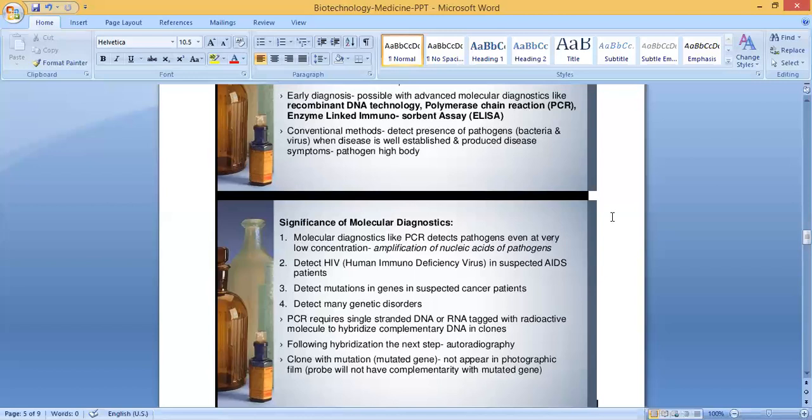Here the probe will not have complementarity with the mutated gene. So what is meant by a genetic probe?